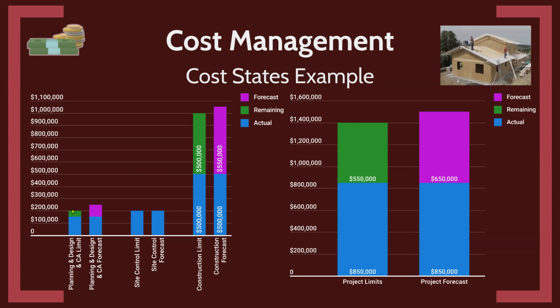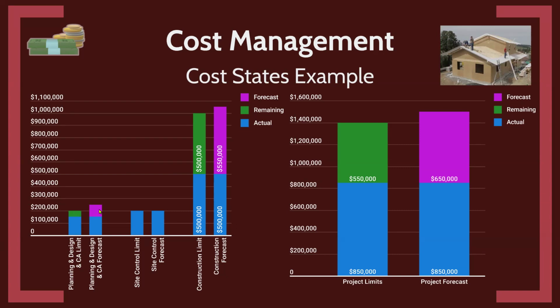We have a $200,000 contract, so we have a $200,000 limit. Now, I may have paid out some of that, so I've paid out an actual amount of that, and then I have a little bit remaining. So I've paid out 150,000, let's say, that's roughly what this is. I have 200,000 in my contract, so I have 50,000 in this remaining category. So that's my committed or contracted, encumbered, however you want to think about that.